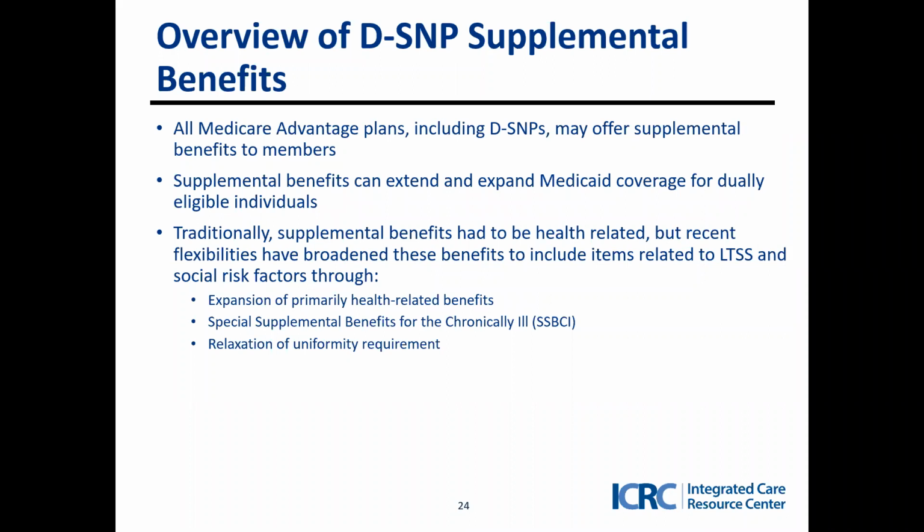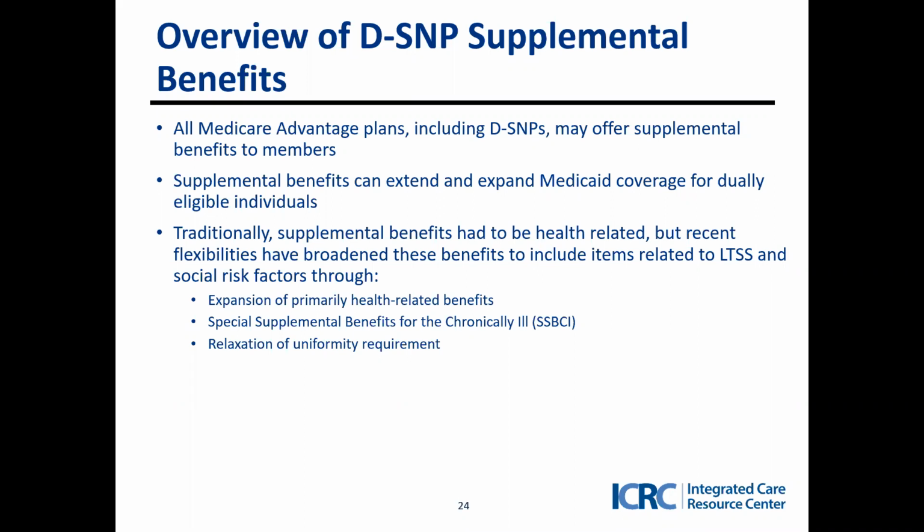So DSNPs and all Medicare Advantage plans can offer supplemental benefits to members. And the great thing about supplemental benefits is that you can really leverage them to extend and expand existing Medicaid coverage for dually eligible beneficiaries. So traditionally, supplemental benefits are kind of confined to being health-related, but the rules have been more relaxed more recently to broaden these benefits to include items that are related to LTSS and social risk factors.